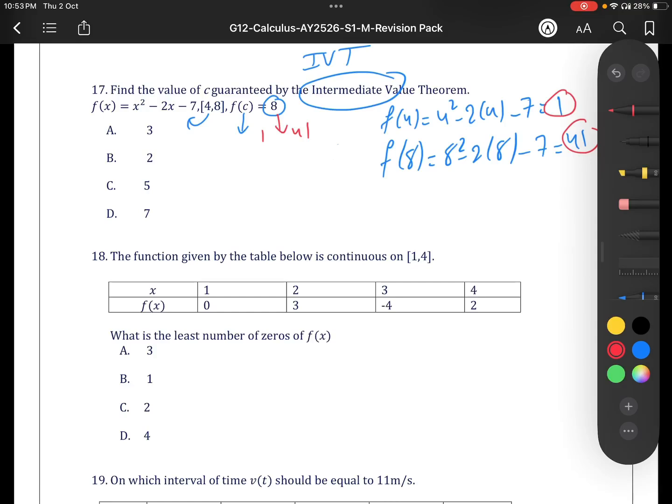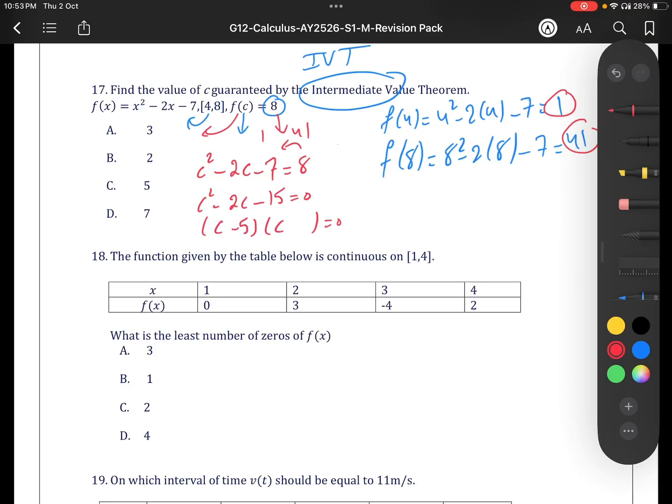So f of c, replace c instead of x or leave it, doesn't matter, is equal to 8. Take it to the other side. C squared minus 2c minus 15 is equal to 0. Finding the value of c, calculator or factoring, c and c.